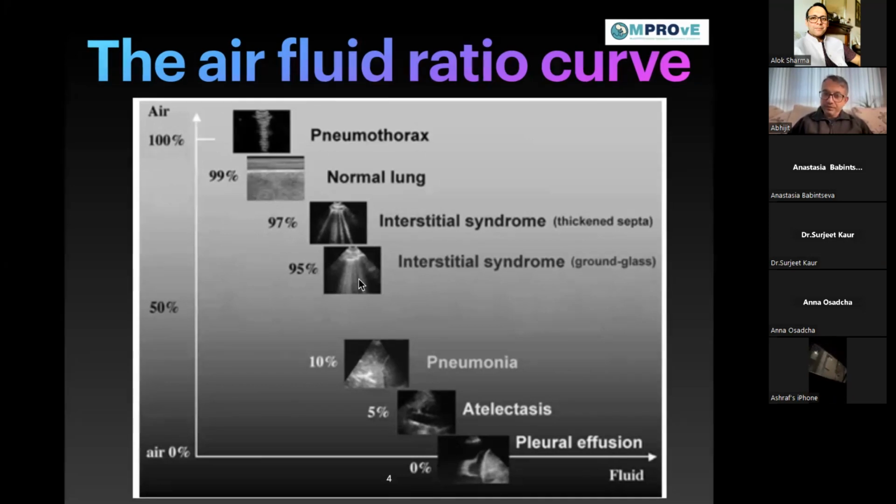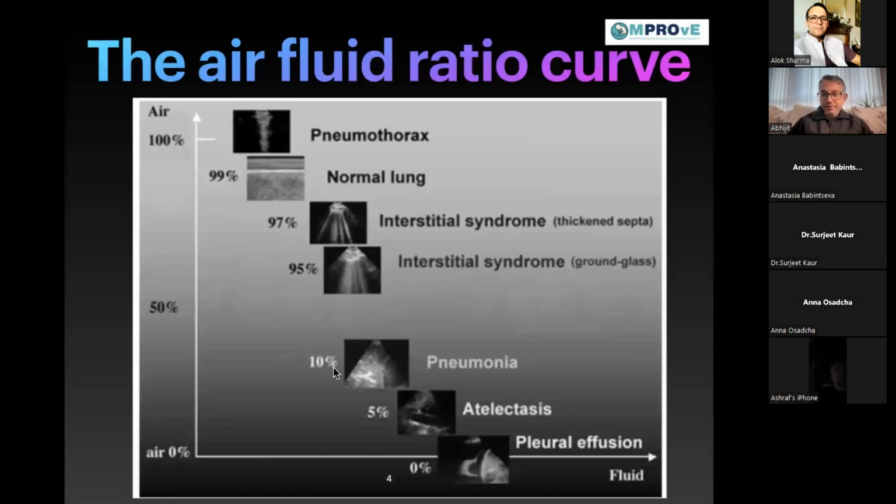You start adding more fluid, as in you are replacing more air with fluid. You go to interstitial syndrome. You start getting ground glass appearance, more B lines, coalescing B lines, compact B lines in TTN, in RDS, in pneumonia. So you start getting more B lines now.